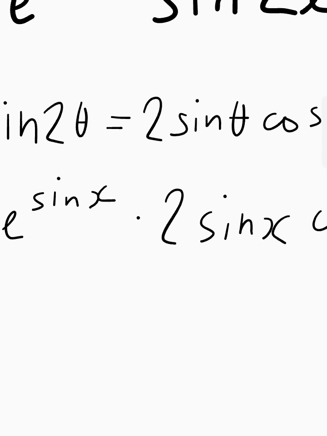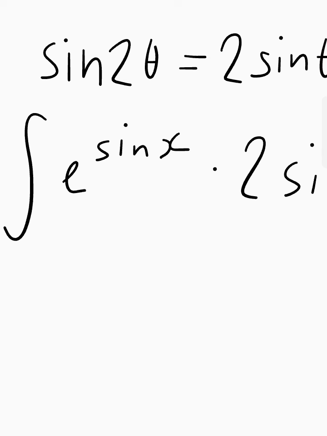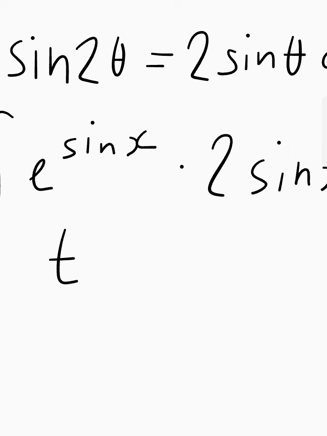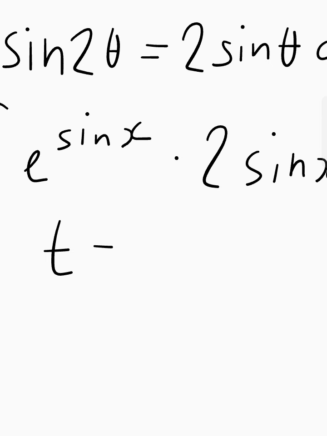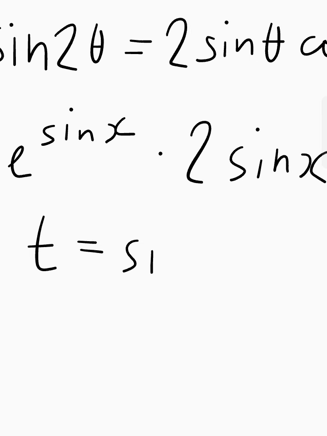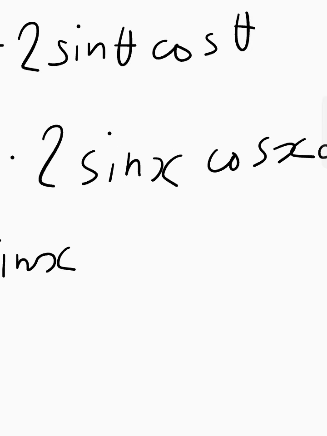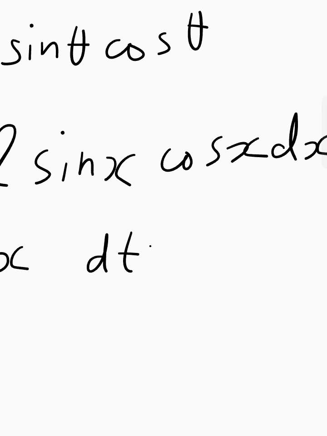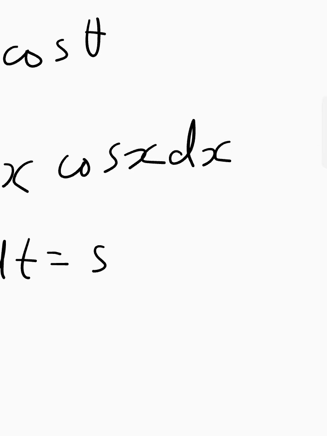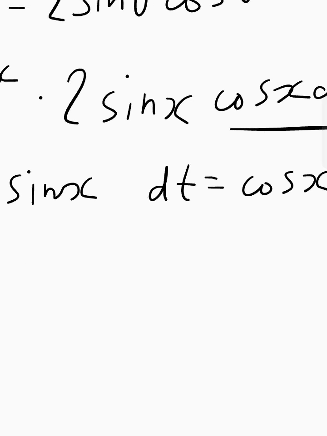And of course, now this is nothing but a simple substitution, but I'm going to use t because you guys will see later. Because in the end, we're going to be doing an integration by parts. So I'm going to set t equals sine x. And we find that dt is then equal to cosine x dx, which is precisely this over here.